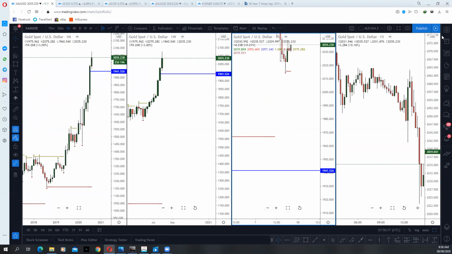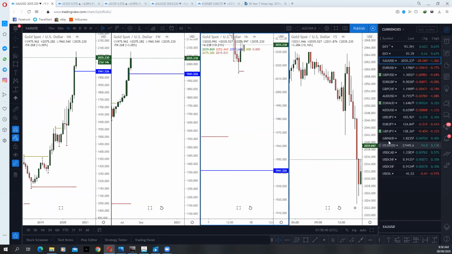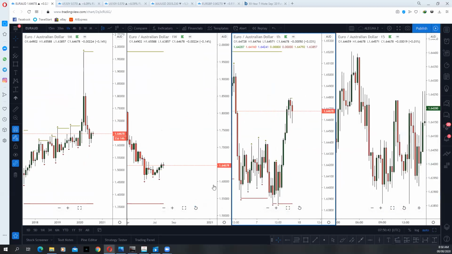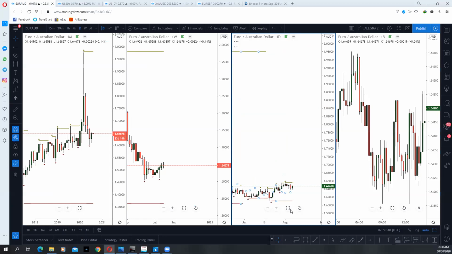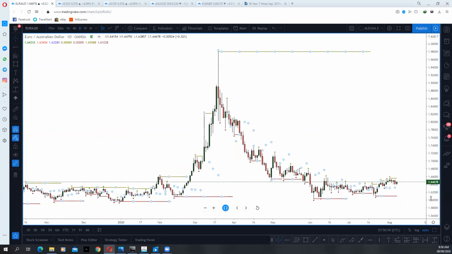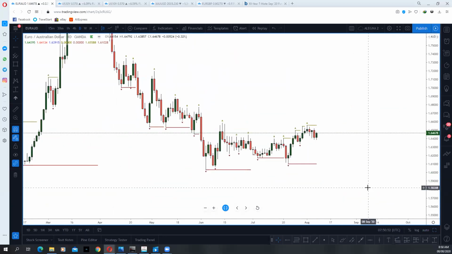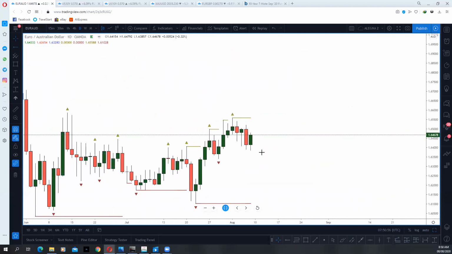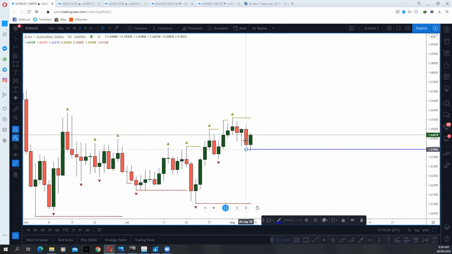Then let me go to the Euro AUD that I wanted to talk about. So if you look at this Euro AUD, where's the daily? Okay. This is Thursday's low. This red bearish candle here is Thursday's low.